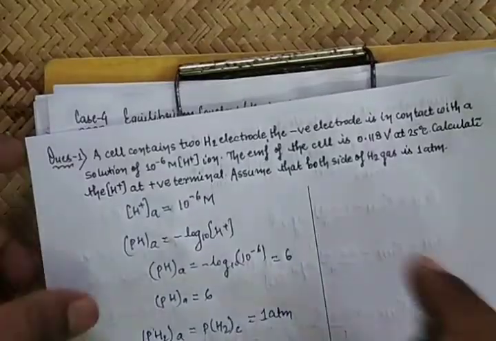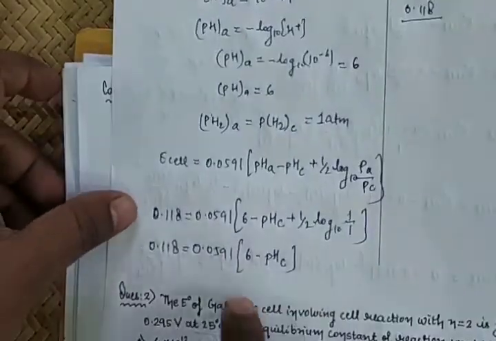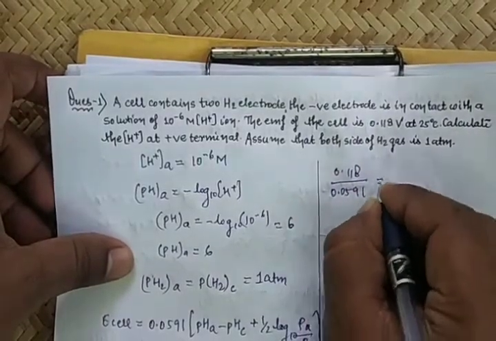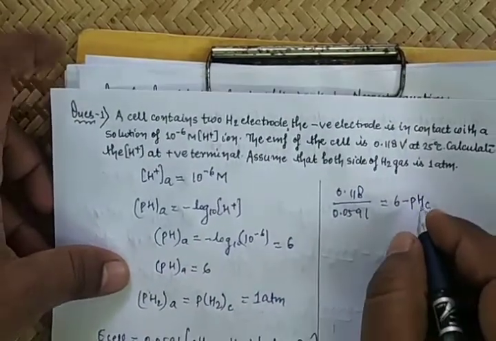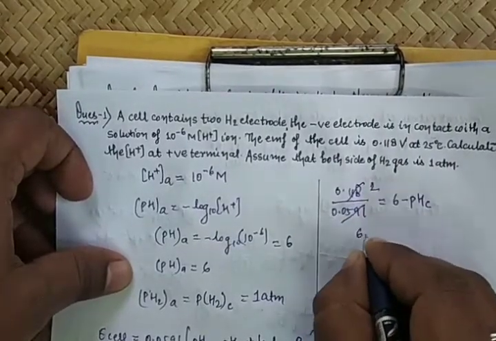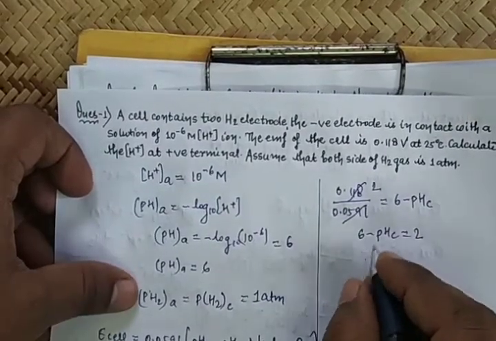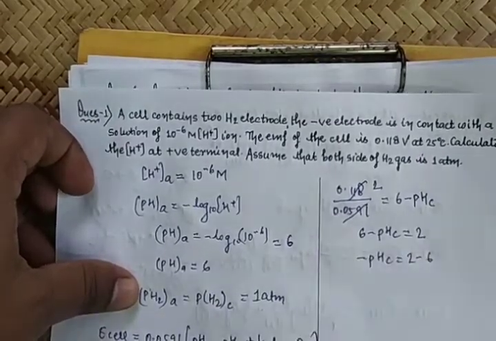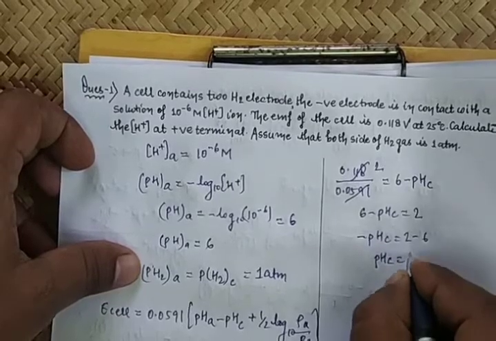So just convert: 0.118 divided by 0.0591 is 2. So 6 minus pH of cathode is equal to 2. So the final answer: minus pH is equal to 2 minus 6. Yes. So the pH of the cathode is 4.